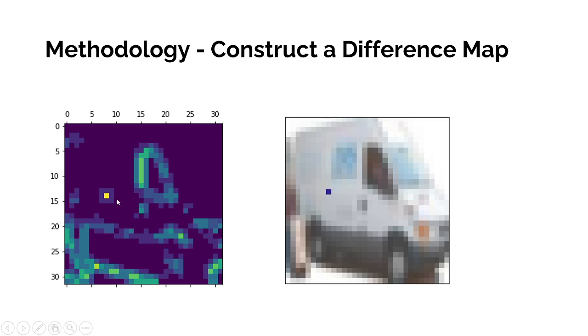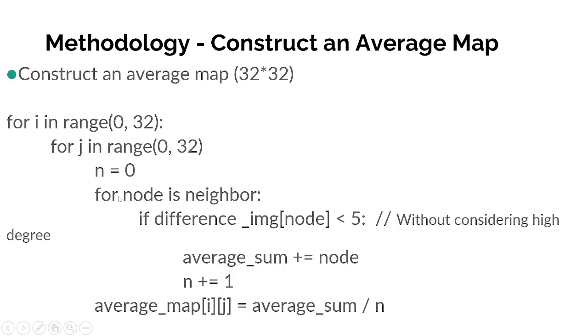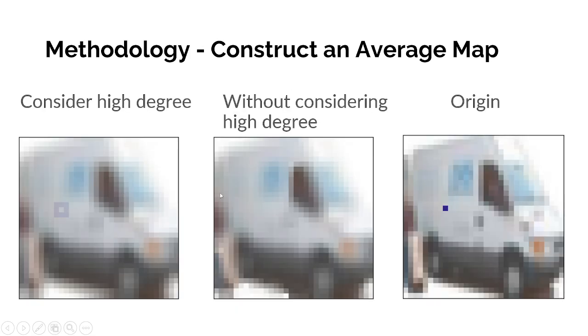We don't consider this kind of pixel in our averaging result. So by this way, we can make a smoothing skin on the original image, and we can avoid the impact of this kind of 1 pixel attack on object pixels like this.